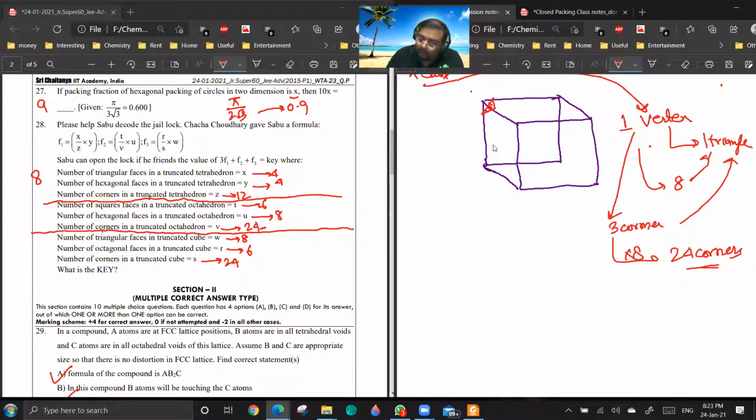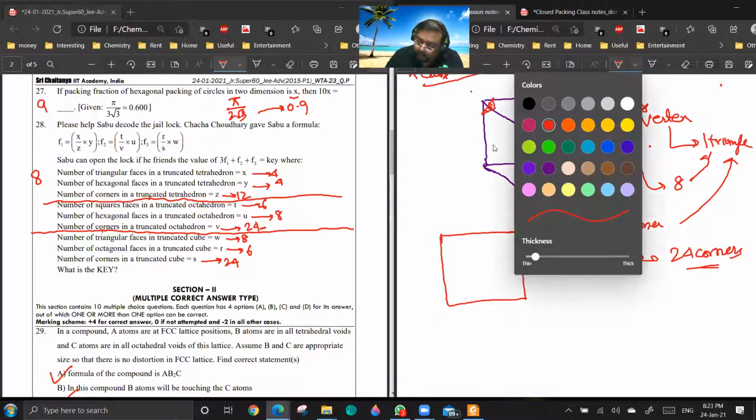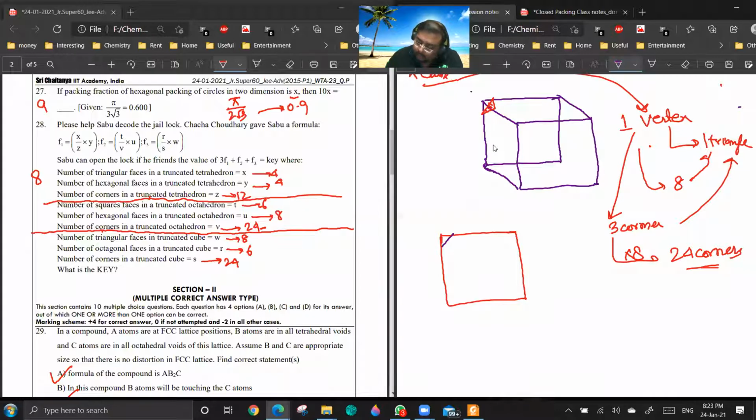This is the last part of the question. You see, when you're truncating, basically you are cutting along a square, right or no? Cutting it like this. Yes or no? If you join it, you'll get an octagon.